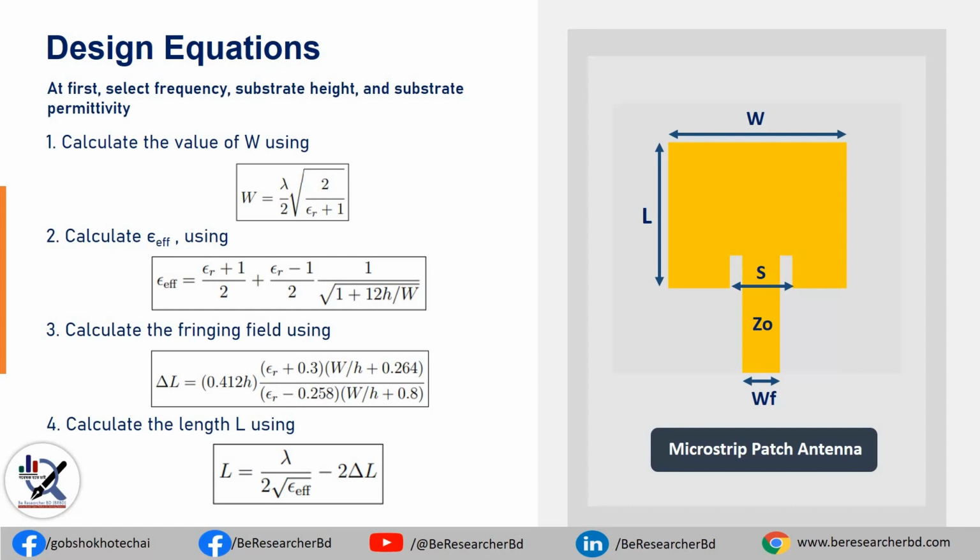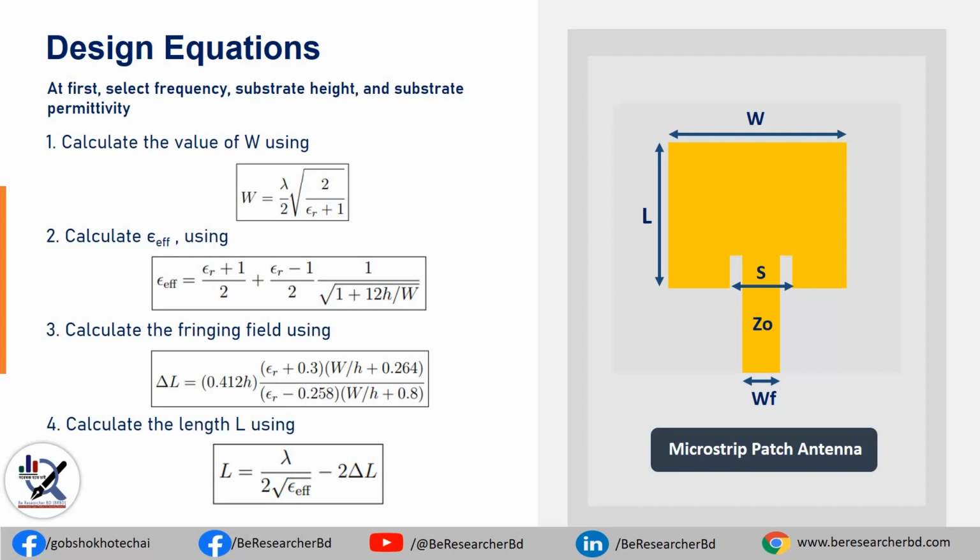The equation to calculate patch width W is given below, where lambda is the wavelength of the electromagnetic wave. Epsilon r denotes the electrical permittivity of the substrate. Then, we need to calculate both effective permittivity and fringing field to determine the patch's desired length.